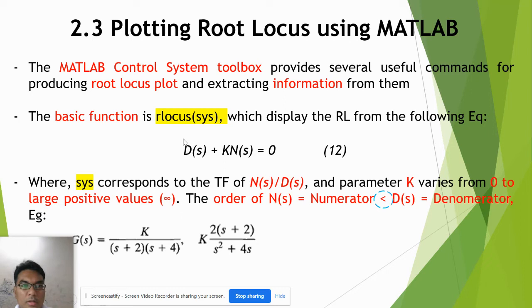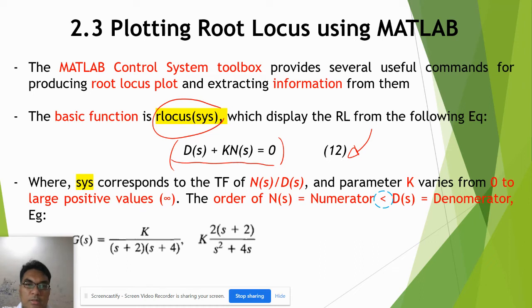The basic function is rlocus of the system. It's very simple. You have to transform it into a transfer function, then you can use this command. For example, you need to transform equation number 12, so you can refer back to my previous lecture.